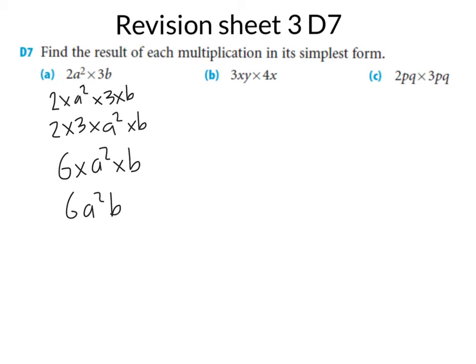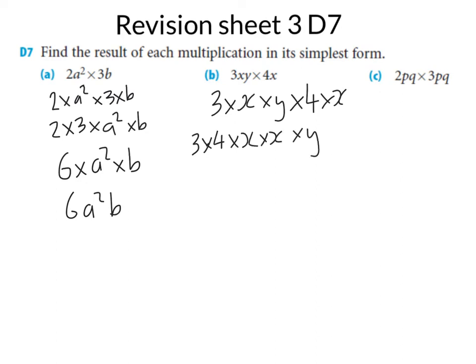Let's look at part B. Here then we've got 3 times x times y times 4 times x. That's what that means. Rearrange to bring the like terms together, the 3 and the 4. Now there's an x and another x, and then there's a y.